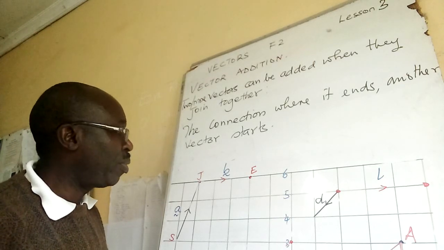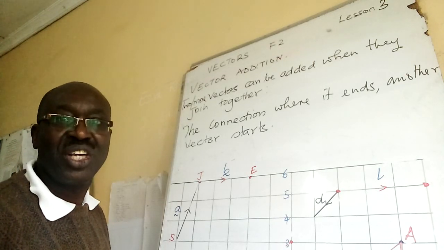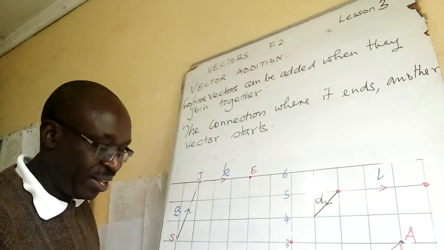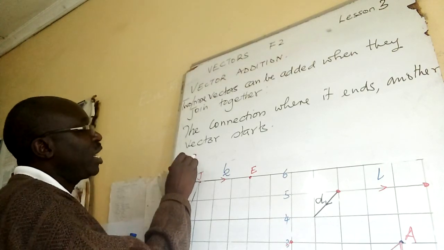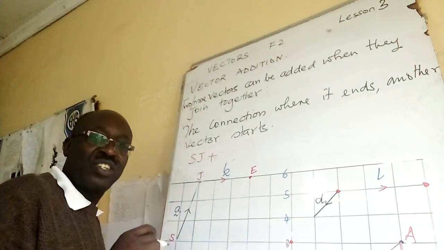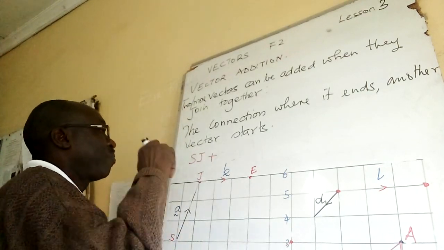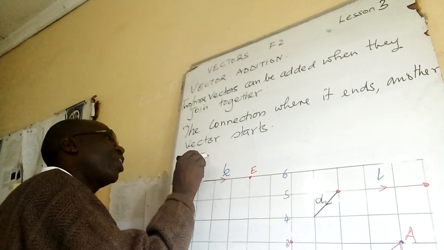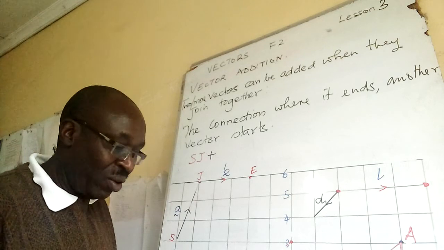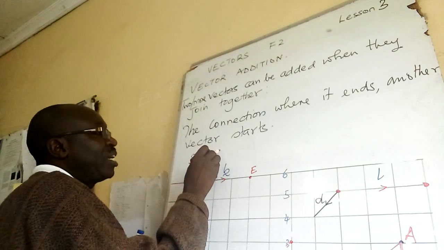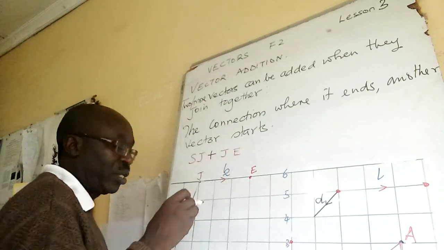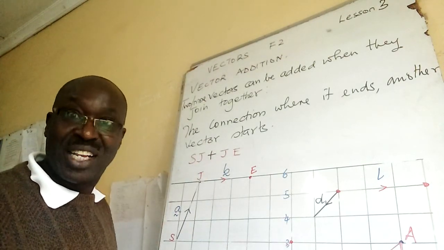So essentially, I am talking of SJ plus JE. If I move from S to J and connect, so what am I doing now? I'm connecting a journey which will take me from J to E. Look at that.